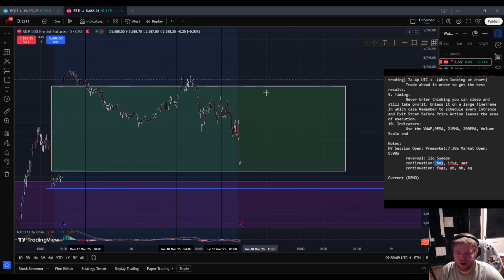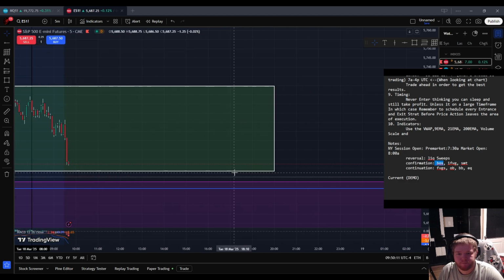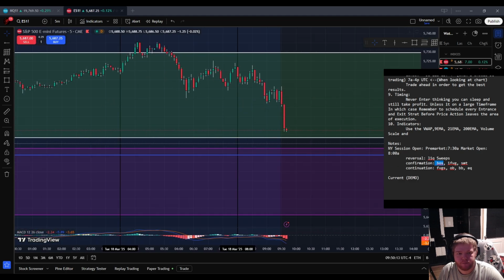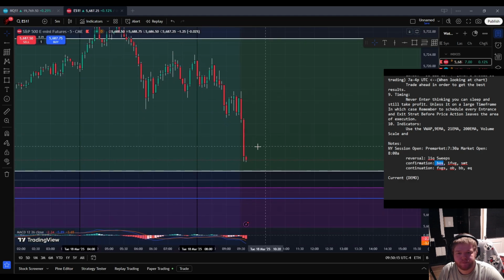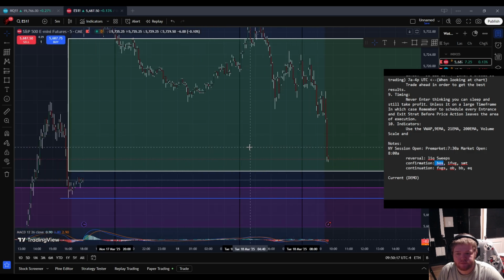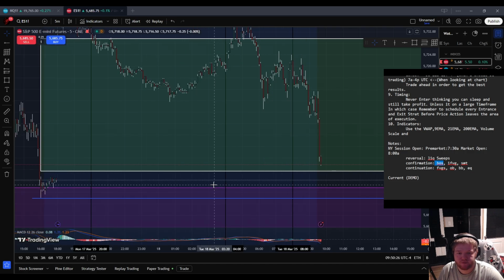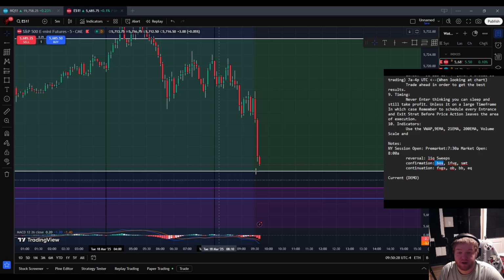It'll create a new high right there. I think that's what it's going to do, because we have cleared this fair value gap almost. We're just waiting for it to come down even further. And it's getting there. Before today's done, it'll have cleared that.